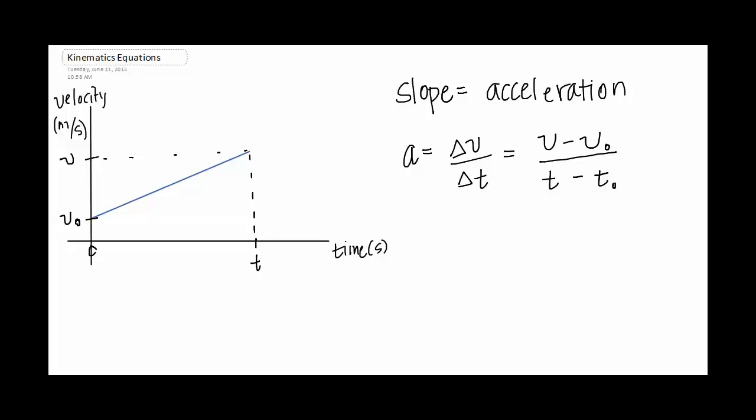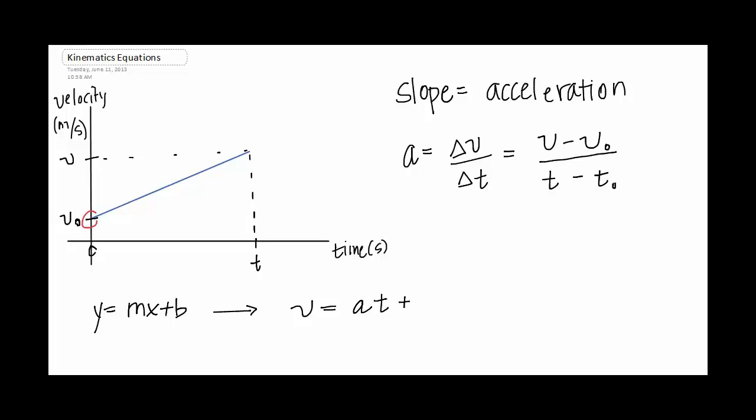Now one thing we should be able to do is write the equation for that line in terms of generic y equals mx plus b. So this is v is equal to at. That's the equation for that line.